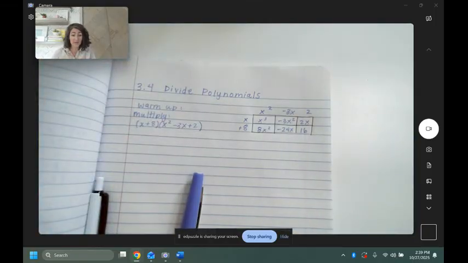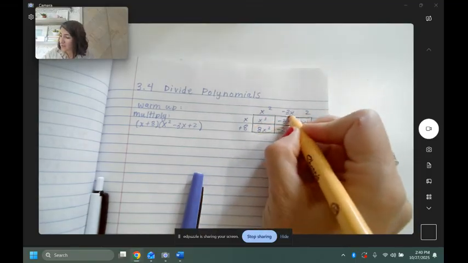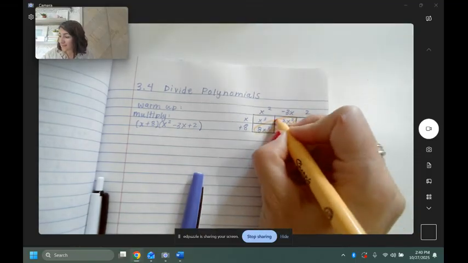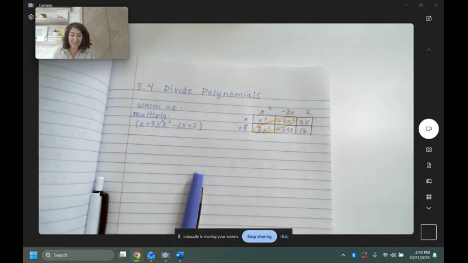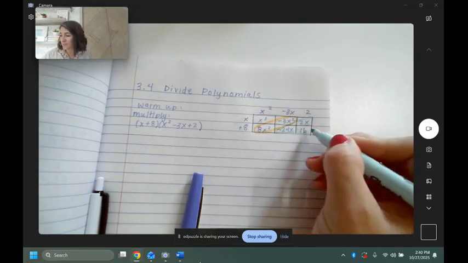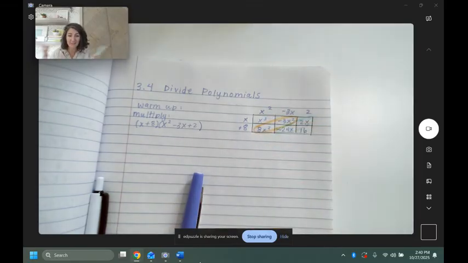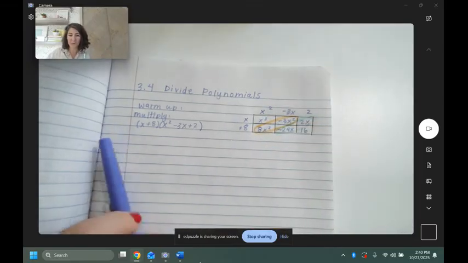Now, this is great. This isn't all the way simplified, though. I need to combine my like terms. And generally, not always, but generally your like terms are going to be on the diagonal from each other, like this. Notice there's nothing diagonal to the 16 and nothing diagonal to the x cubed, so those don't have one.